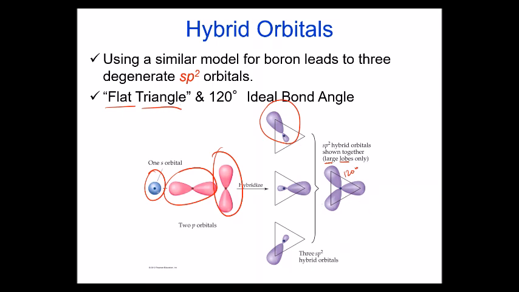So you have 3 sp2s. Now that means 3 orbitals, 1 s, 2 p's, have blended together to form the hybrids around there. And they're all at a lower energy than they would be individually separated. So remember, we always go for the lower energy aggregate state. So these hybrid orbitals actually put them at a lower potential energy.